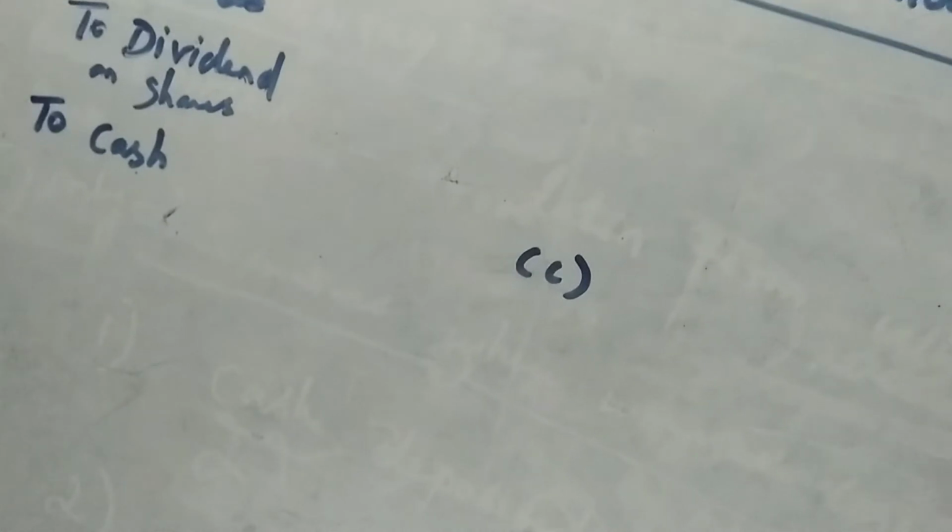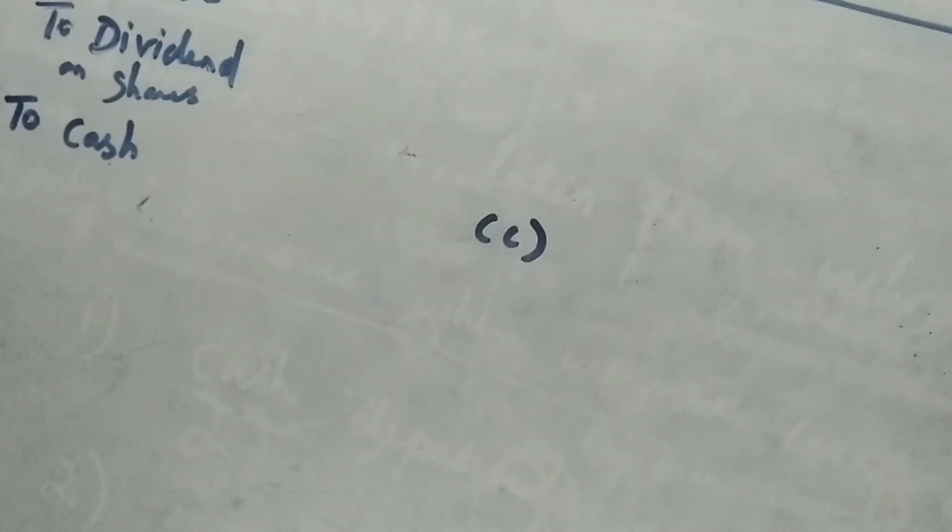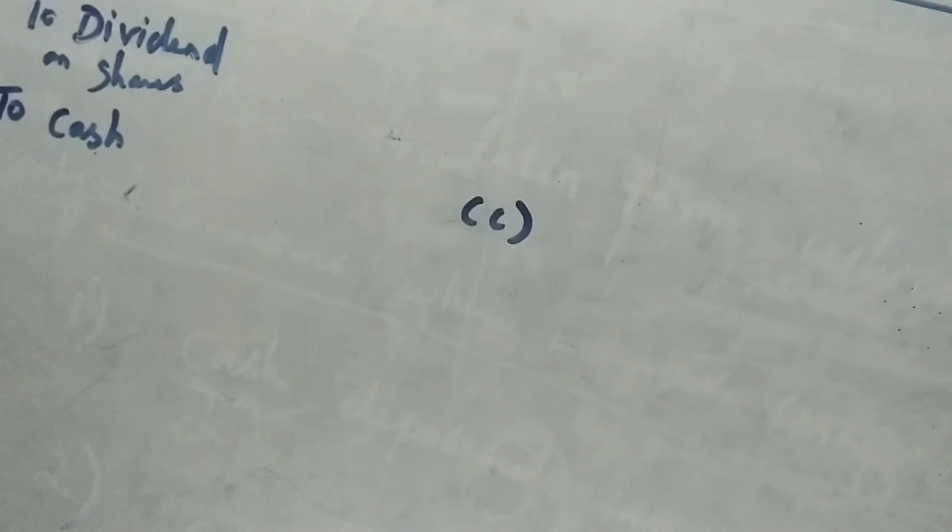Then 18th, check issued to Siddiq. Discount received from him. So we are issuing a check. We are making a payment through check.